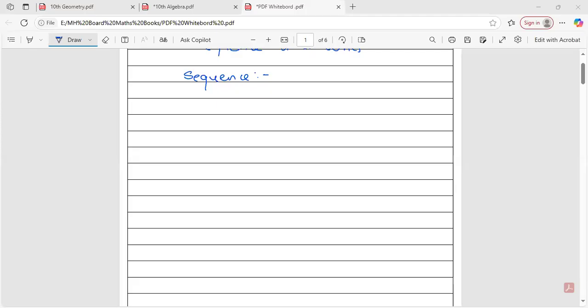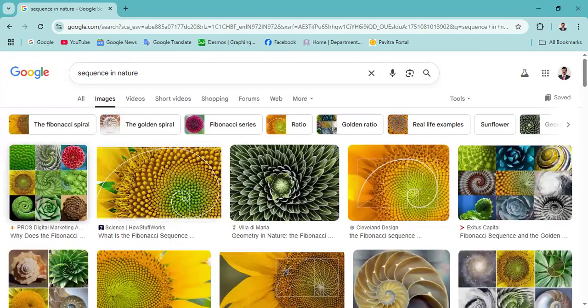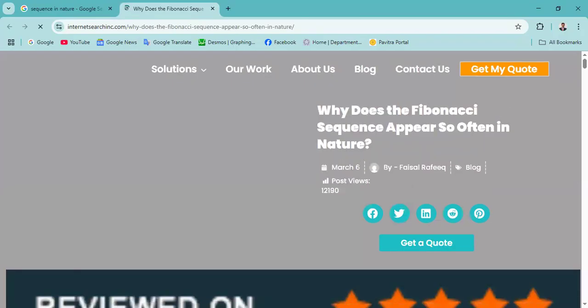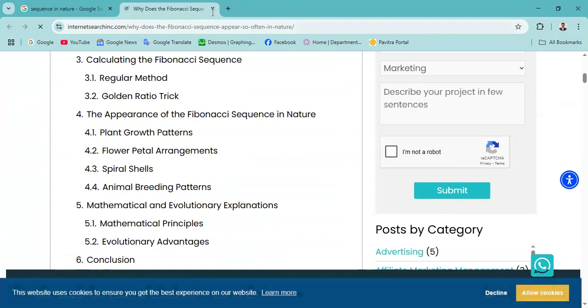See what I have searched. Sequence in nature. See, this is sequentially arranged.